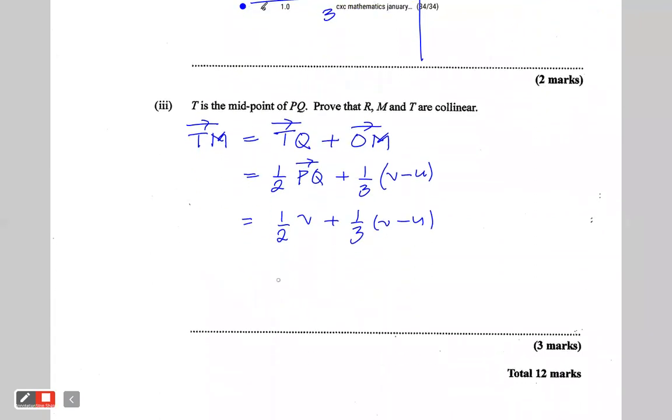The LCM is 6. 3V plus 2(V minus U). Let's just double check to ensure we're not making a mistake.